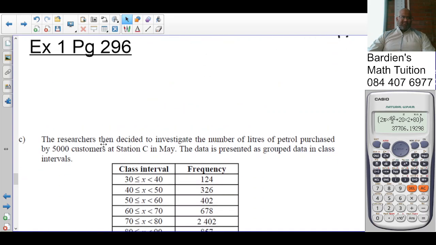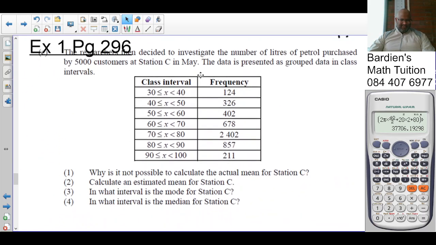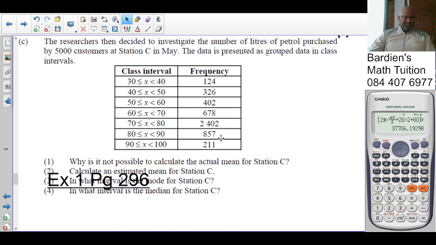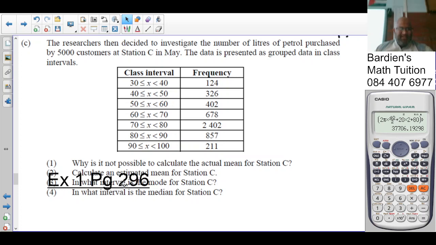So exercise on page 296C. It says here, the researchers then decided to investigate the number of litres of petrol purchased by 5,000 customers at station C in May.